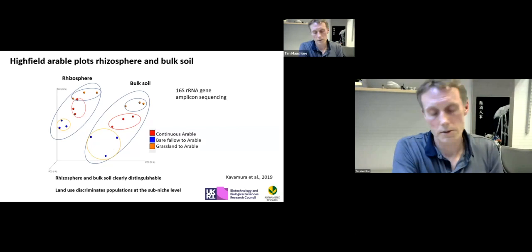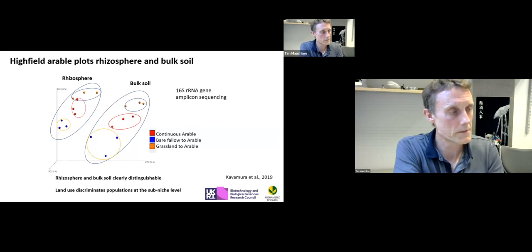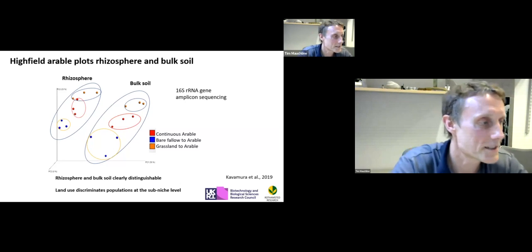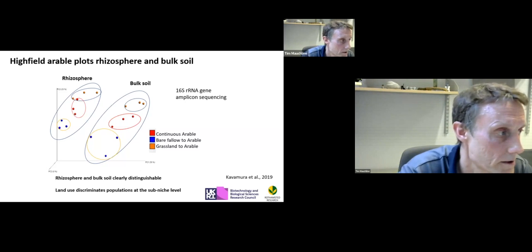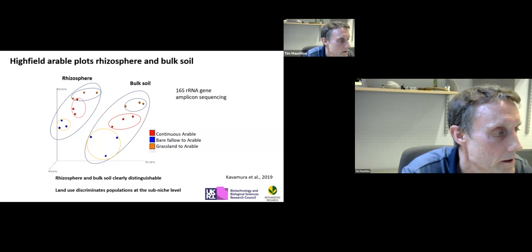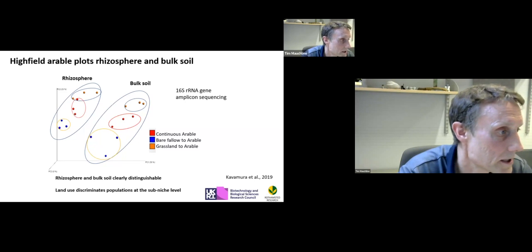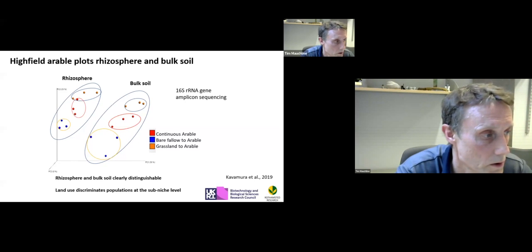Then when we actually looked at the ordination of these 16S data, we could see that there was a clear separation of the actual microbiomes according to niche. Clearly in this situation, we see the rhizosphere as opposed to the bulk soil.